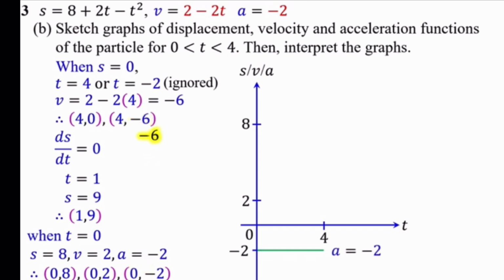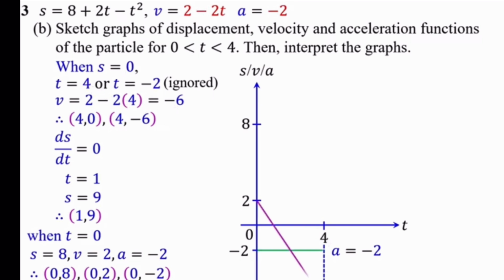So we can sketch the maximum point, okay, of the n shape. Okay, we can also find the intercept when t is 0, displacement is 8, right? We can label 8 there. Okay, after we label the 8, then only we can sketch the graph, right? So we are going to plot all the important points first.